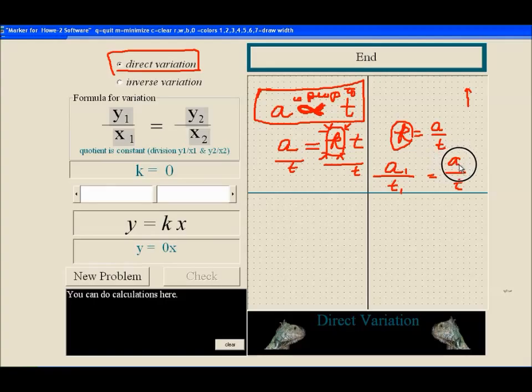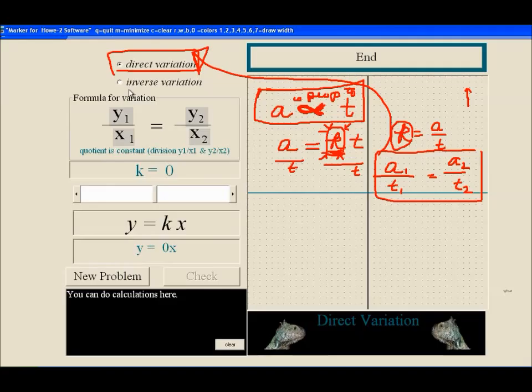Then I'll have the amount in the second experiment and the temperature in the second experiment. And since this is the constant of proportionality for the way these things are related, this statement becomes true: A1 over T1 equals A2 over T2. This happens in direct variation. Got that?